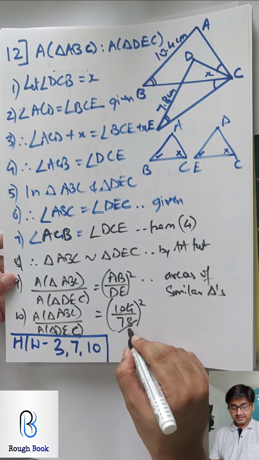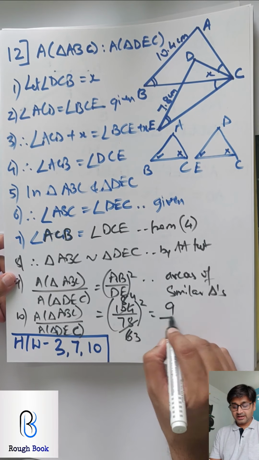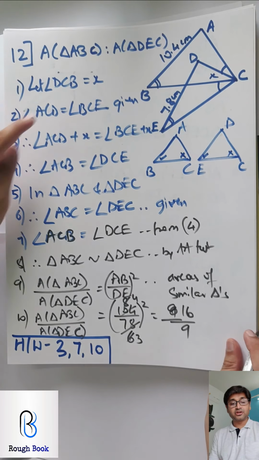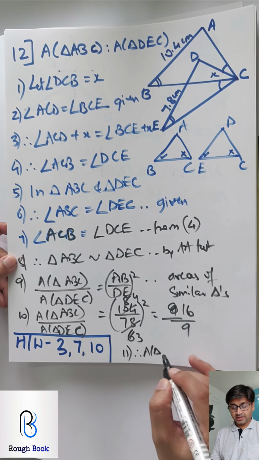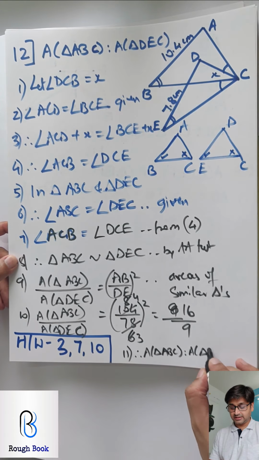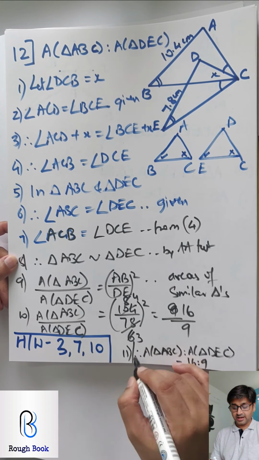So 13 6s are 78, 13 8s are 104, 4 by 3. So 16 by 9. They've asked it in the ratio form. So please write the final answer in the ratio form. Therefore, area of triangle ABC ratio area of triangle DEC equals 16 ratio 9.